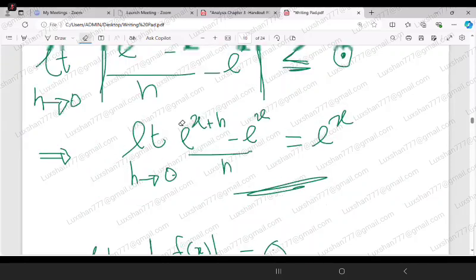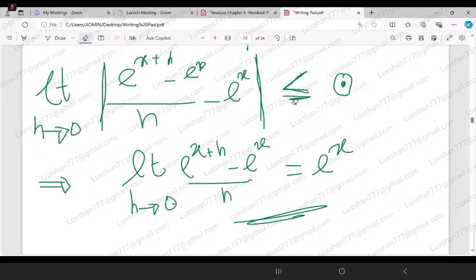So using that idea, this mod function is always positive. Therefore, this should go to 0 because this is less than or equal to this one. We have studied the sandwich theorem, you can remember it.